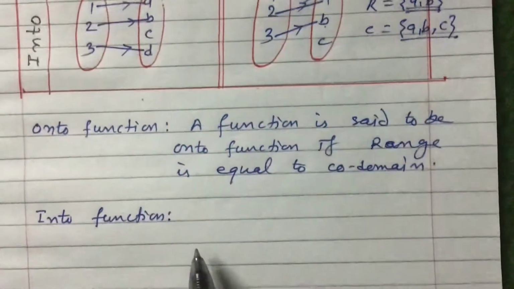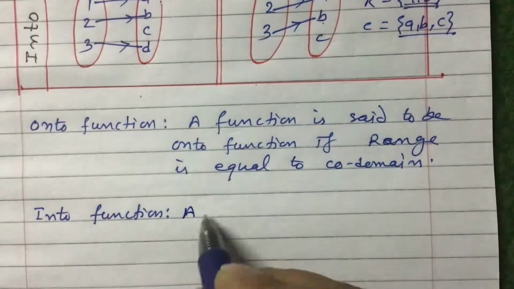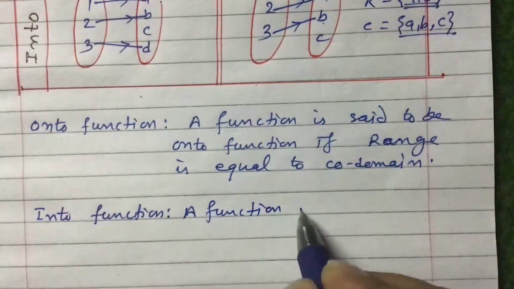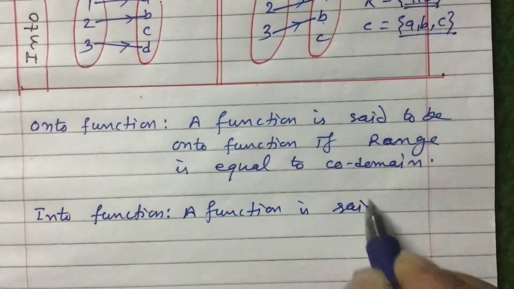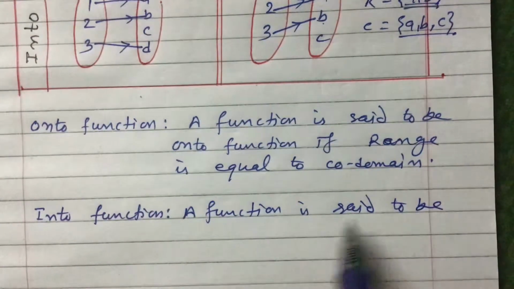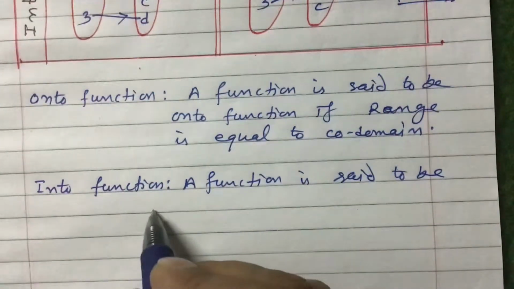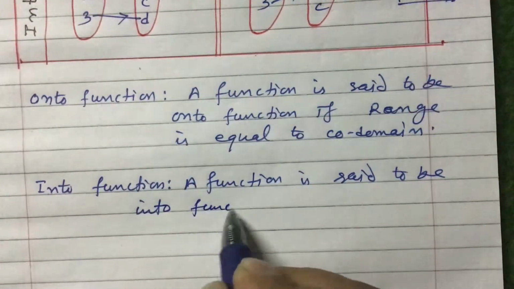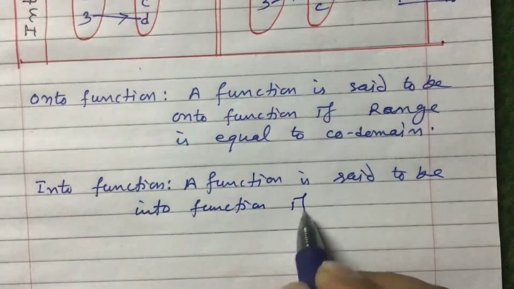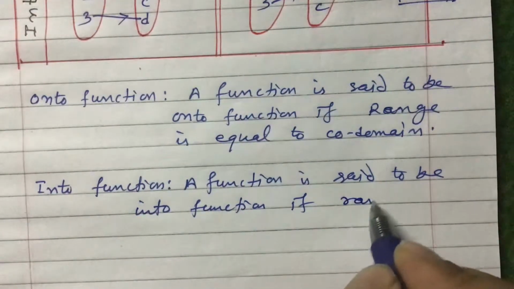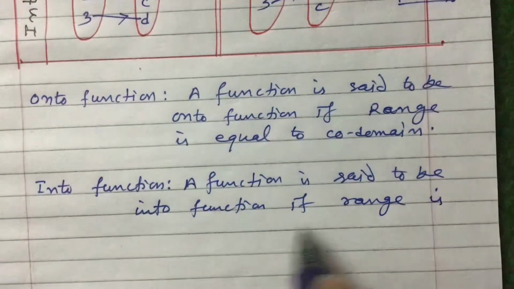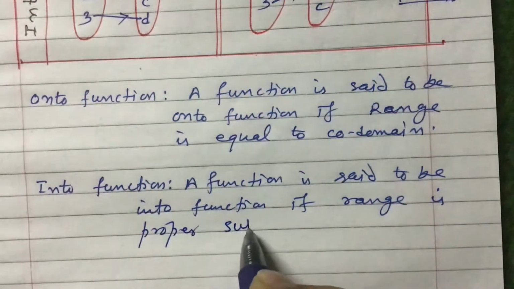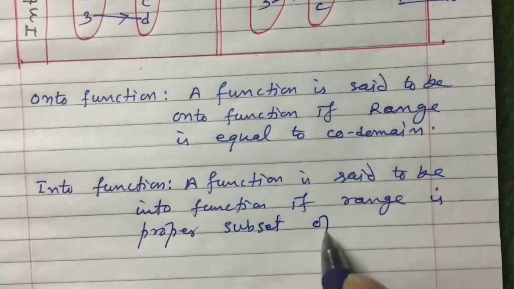So we can define like this: a function is said to be into function if range is a proper subset of codomain.